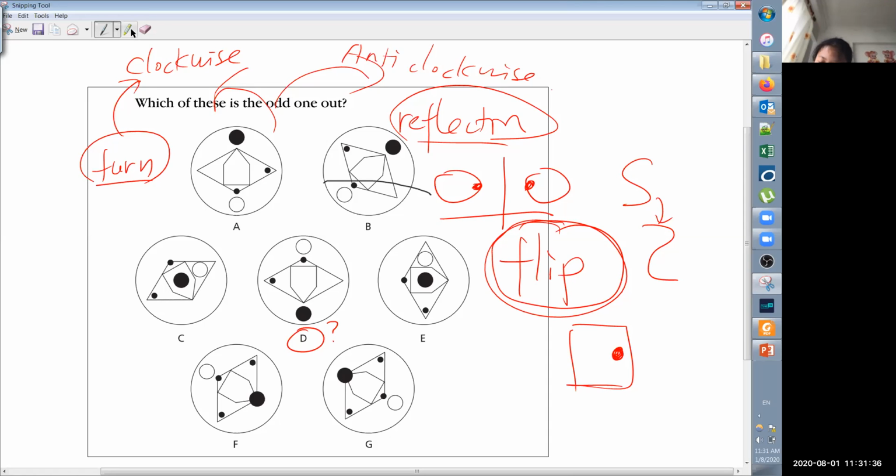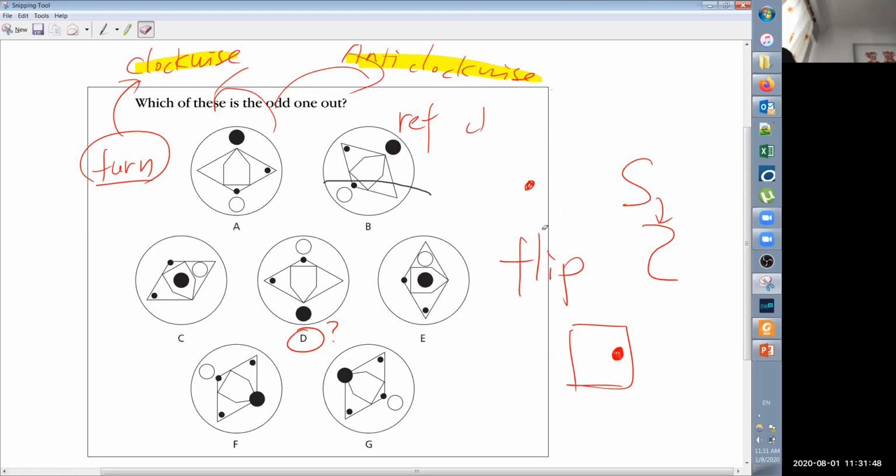Turn means clockwise or anti-clockwise. Flip is reflection. But I don't quite agree with your answer.